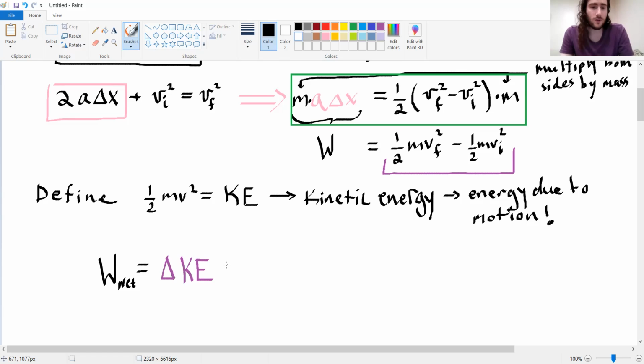So for example, suppose you're trying to push a crate across the floor, right? I'm moving a bunch of boxes around over here. Sometimes I'll push on a box with a certain force, and that box will move with constant velocity. What that means is that I've only applied a force equal to the friction force.